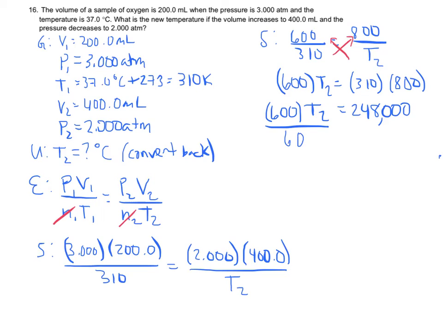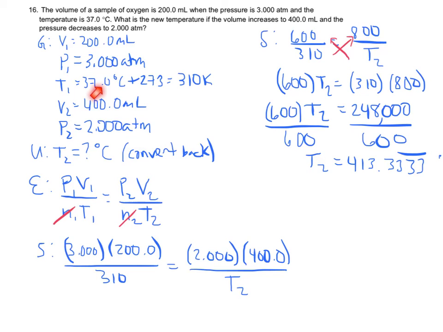So cross multiply, then divide. So we need to divide that number by 600 to get our second temperature. So we divide that by 600, and we get 413.3333, repeating.